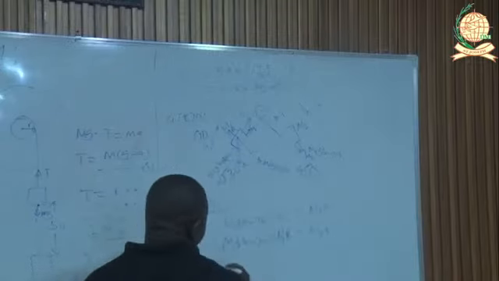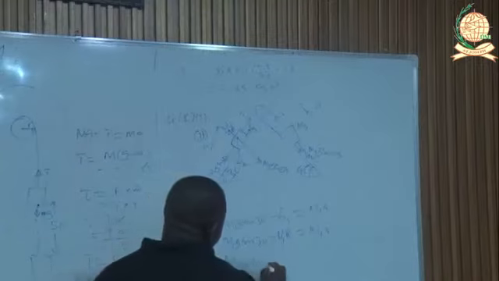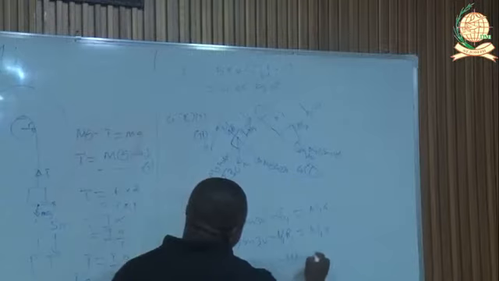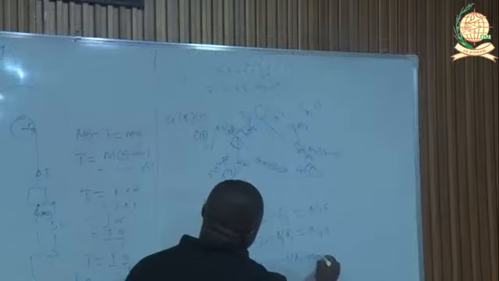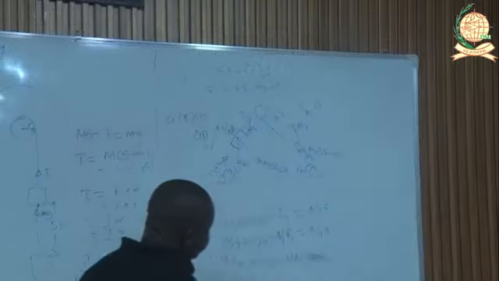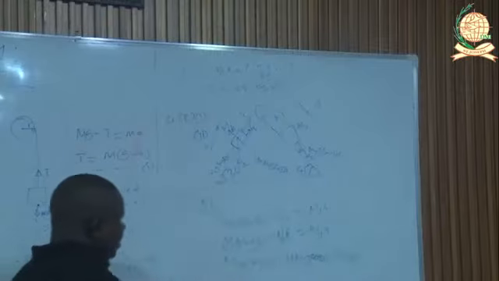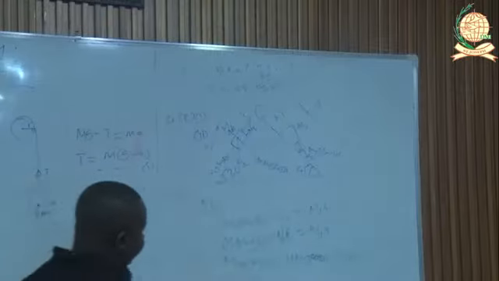On writing, you find that M1 g sine of 30 minus mu1 M1 g cosine of 30 equals M1 a.